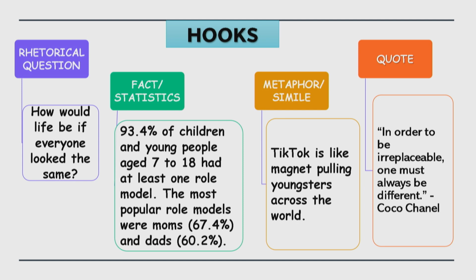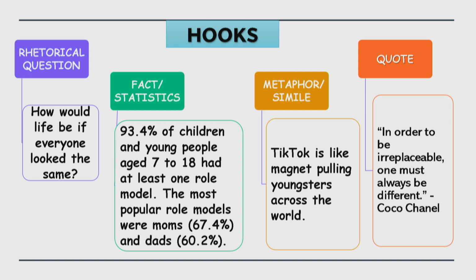You could also use facts or statistics. For example, 93.4% of children and young people aged 7 to 18 had at least one role model. The most popular role models were moms with 67.4% and dads with 60.2%.